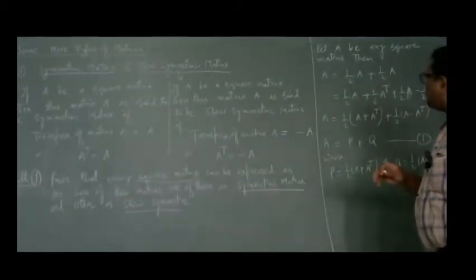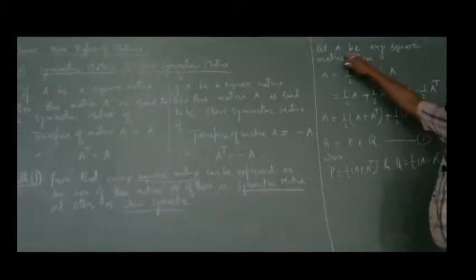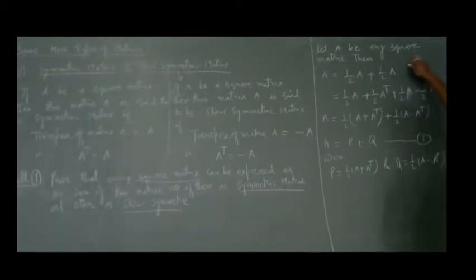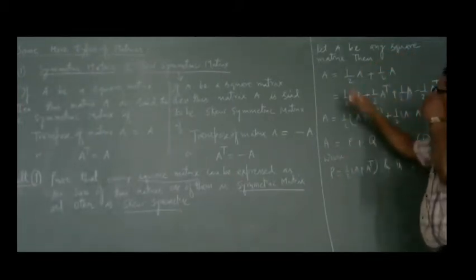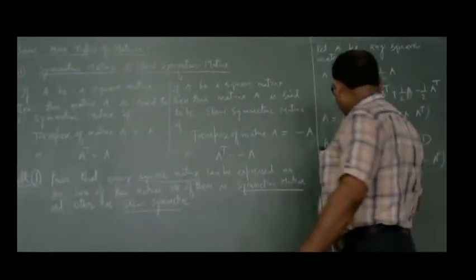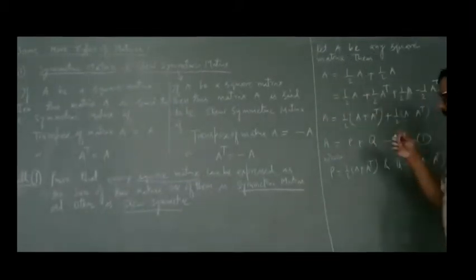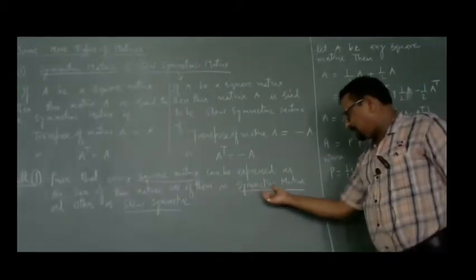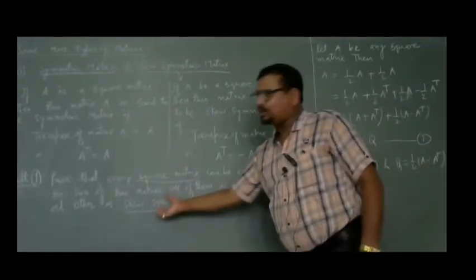So I have taken any square matrix A and written it as a sum of two matrices, P and Q. Now we shall show that one of them, either P or Q, is symmetric and the other is skew symmetric.